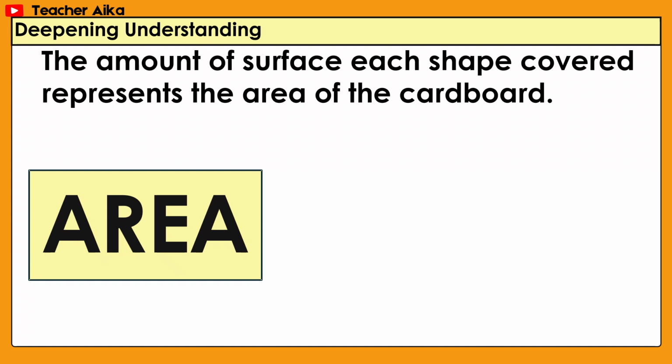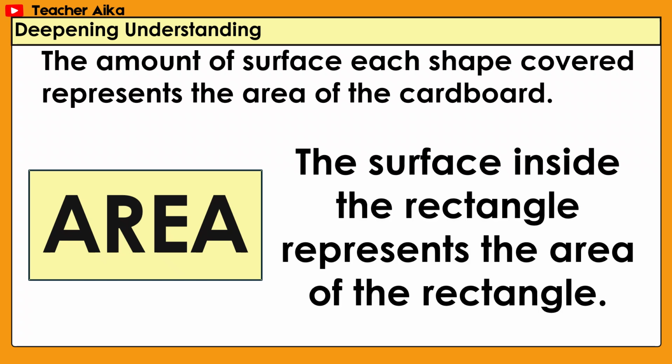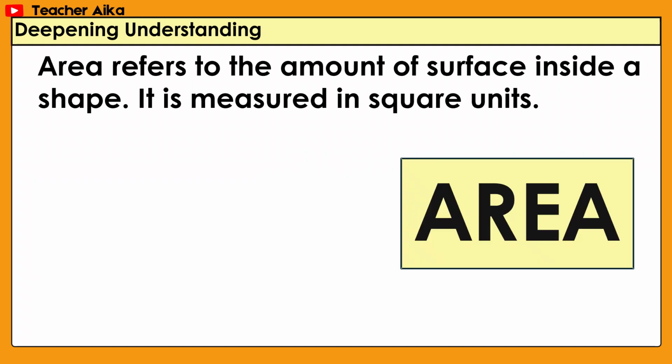The amount of surface each shape covered represents the area of the cardboard. The surface inside the rectangle represents the area of the rectangle. Area refers to the amount of surface inside a shape. It is measured in square units.